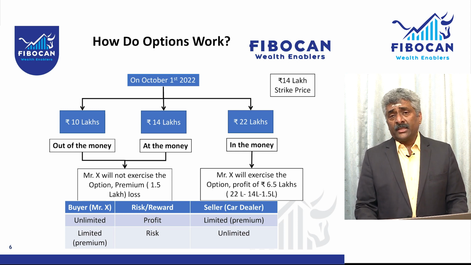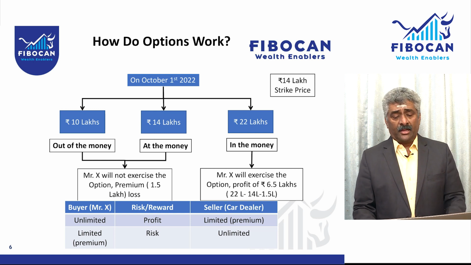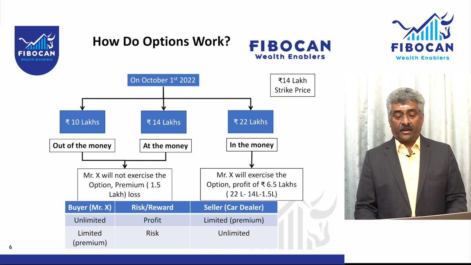Okay, the reward for the seller is limited to the premium he received, whereas the reward for the buyer is unlimited. As you can see, I put in the table: buyer X, unlimited, limited premium, right? Seller, risk, reward, profit, car dealer, it is unlimited. So you can understand, very simple.